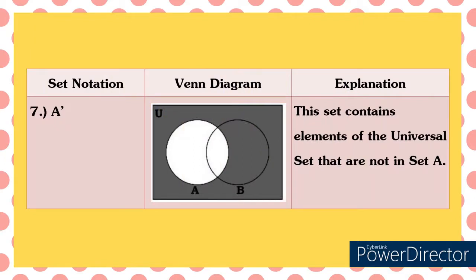And last, we have the complement of set A. Napansin ninyo, yung universal set, the elements found in the universal set except set A. Meaning, this set contains elements of the universal set that are not in set A. So those are the different regions in a Venn diagram.